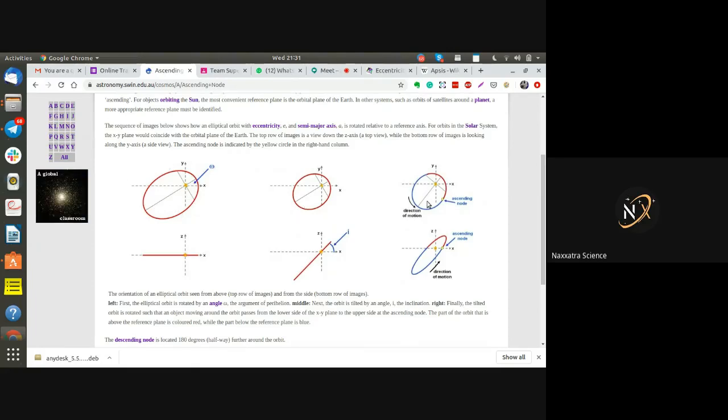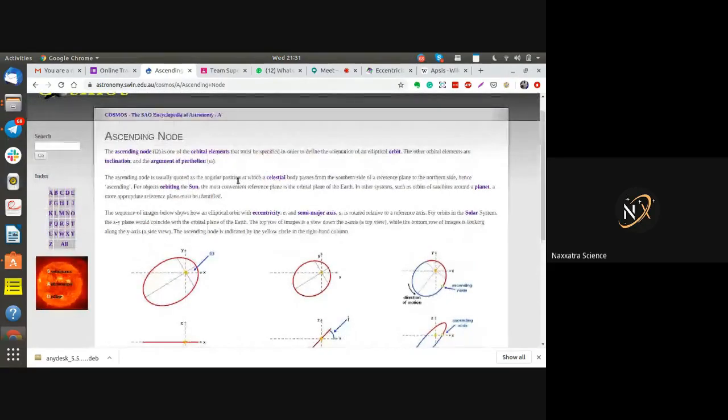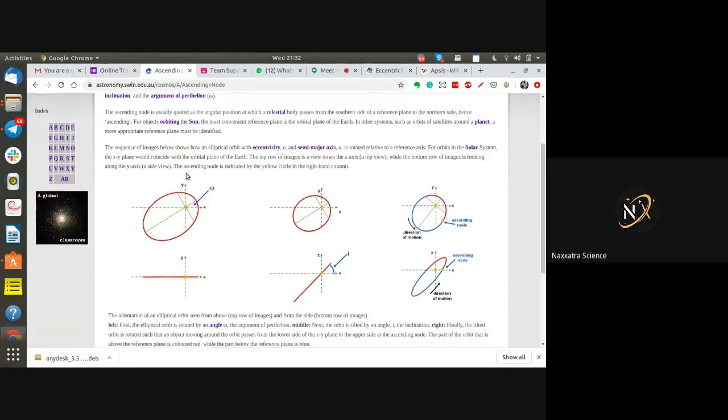If you look at just the first 3 pictures, this is basically omega, right? The ascending node is this omega. Wait, is this? Yeah, unfortunately, both of them are omega. So you'll have to distinguish it by the symbol. But this is basically the top view, and this is the ascending node, as you can see.